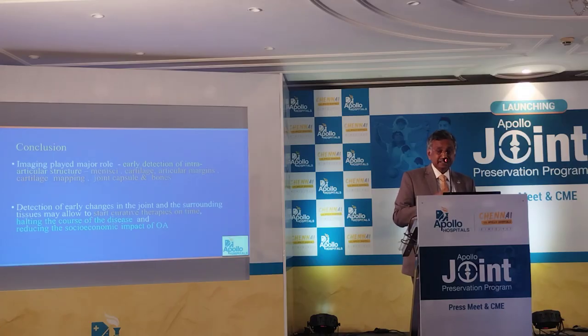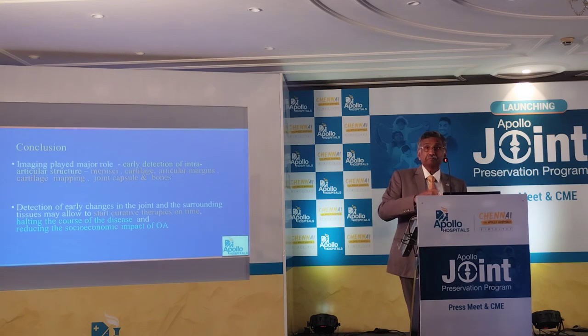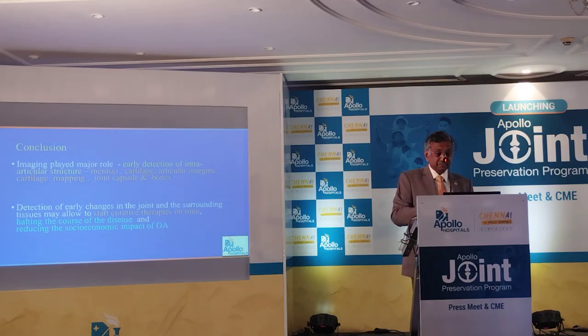So detection of early changes of the joint and surrounding tissue, particularly the surrounding bone and muscles, allows us to start curative therapy at an early stage. So it is halting the course of the disease process and reducing the socio-economic impact of osteoarthritis changes.